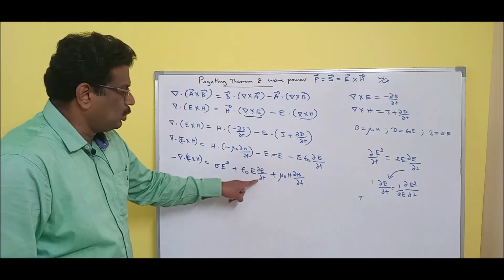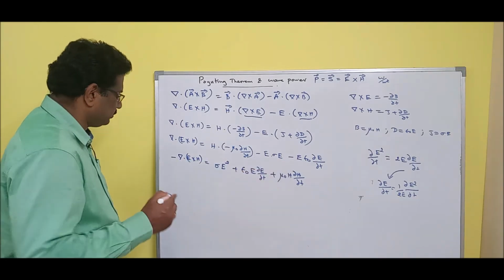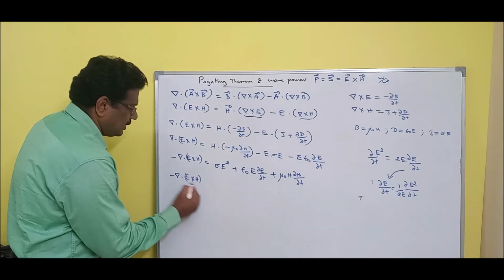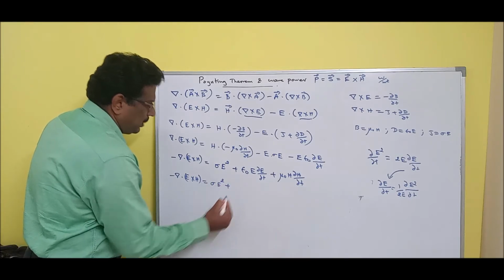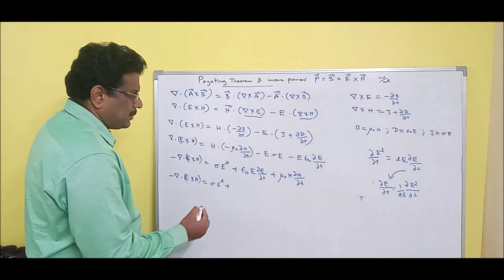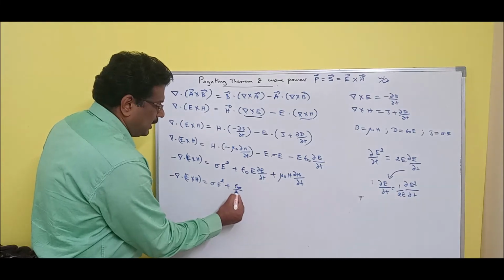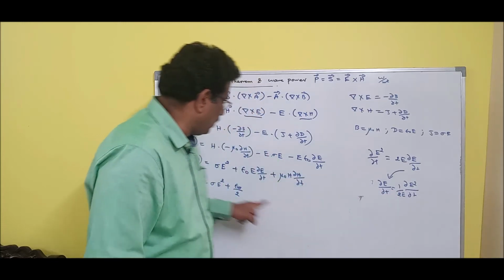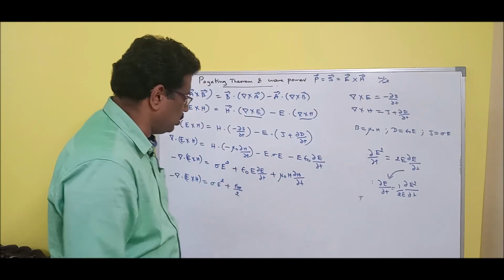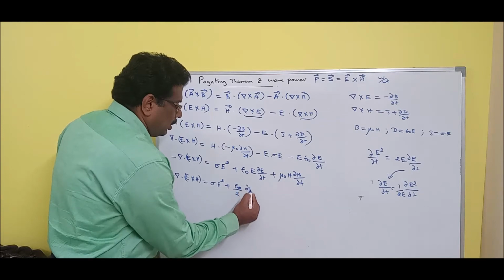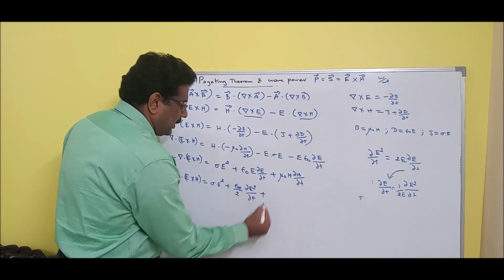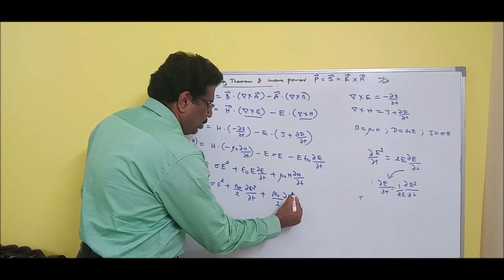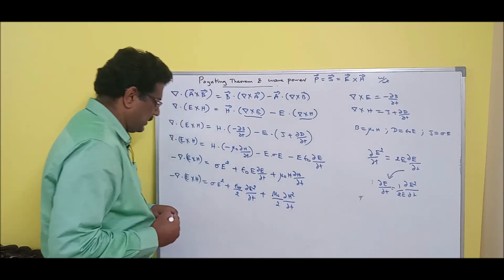Now let us replace E dou E by dou T by that particular term: minus del dot E cross H equals sigma E square plus epsilon naught divided by 2 dou E square by dou T plus, same if you do here also, mu naught divided by 2 dou H square by dou T. Okay.